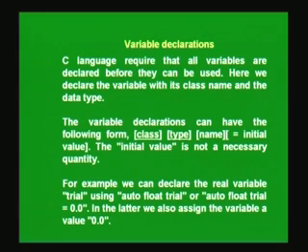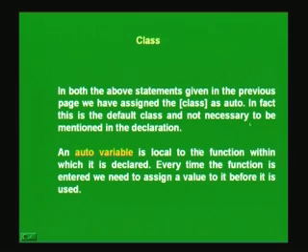We will see more details about the class in the next slide. The auto variable is actually a default. If you say float, it is taken as automatic. So that's a default variable declaration. Let's look at some of these examples here.